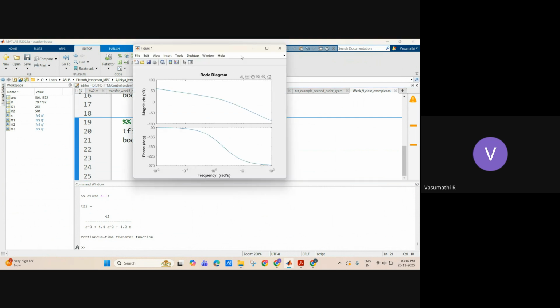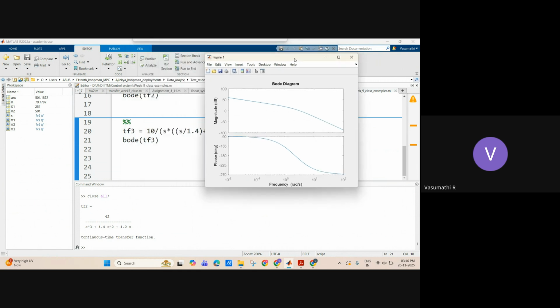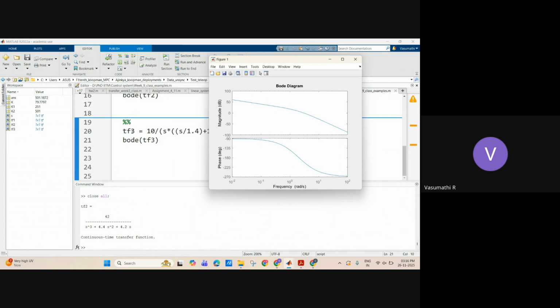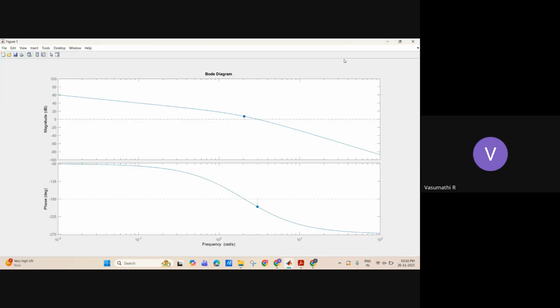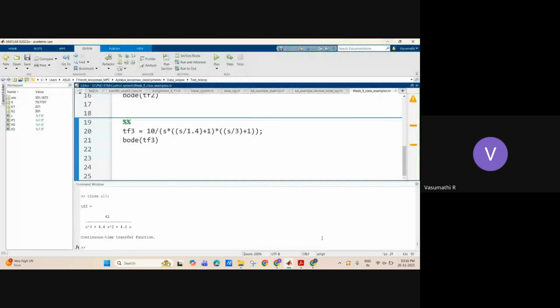Run section is to run the section alone, the particular section where you put this double percentage sign. Otherwise, it creates a separate section. And the gain margin is minus 7.3, phase margin is minus 19.9. So for the fifth question, the phase margin is minus 19.9 is the answer.